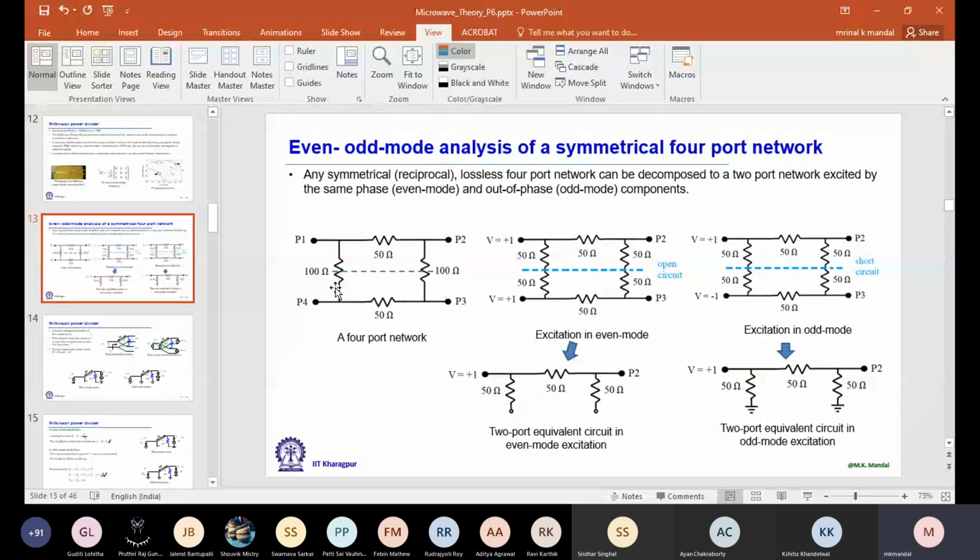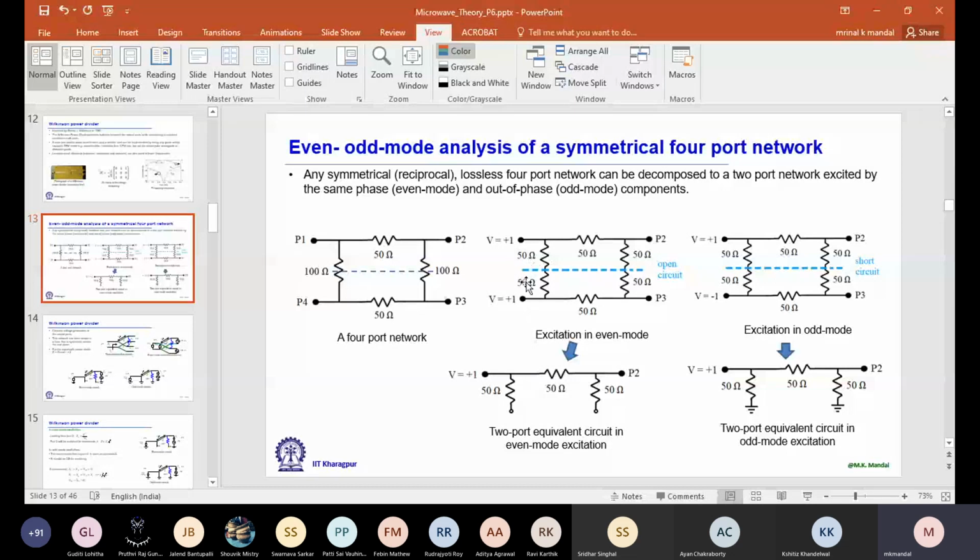It is similar to how we define even mode for a coupled microstrip line section. It is represented by a +1 normalized value. It is not like a 1 volt DC signal. It is the same RF source with the same phase applied at port 1 and at port 4. Okay, so then along the mid plane, what is happening?